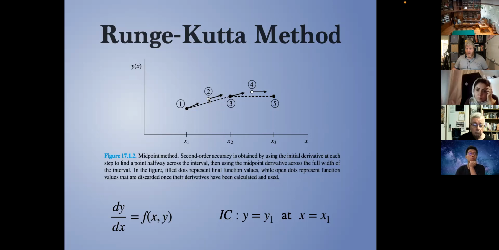So go halfway, find out the slope halfway, and then go back to your original place and take a full step along the direction of the midpoint derivative. The reason that's better is actually this will be perfectly accurate if it can handle a curved line, is the short story, whereas the previous one could only handle a straight line.